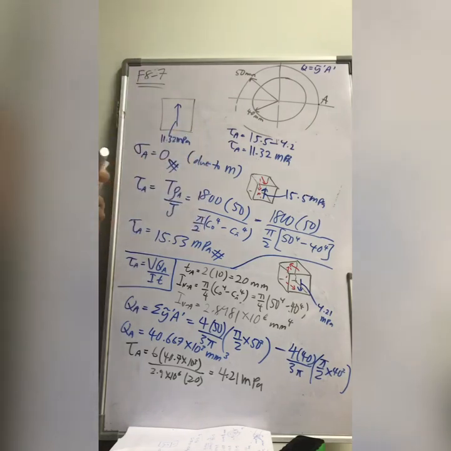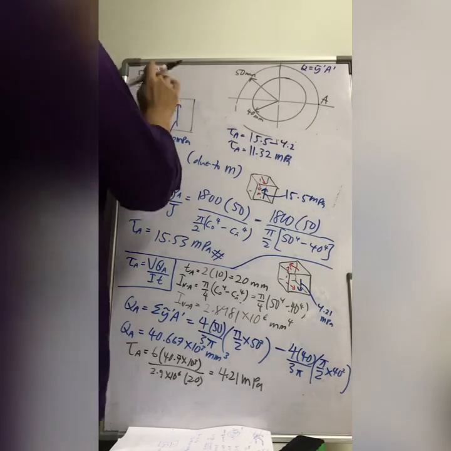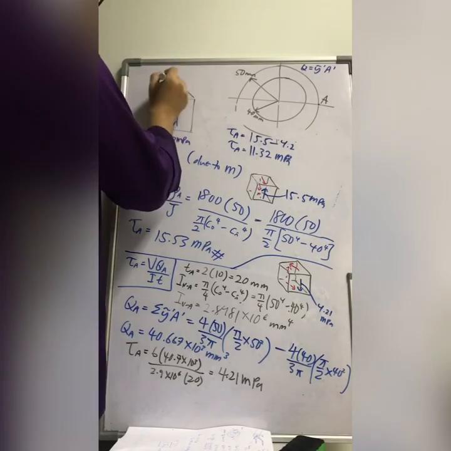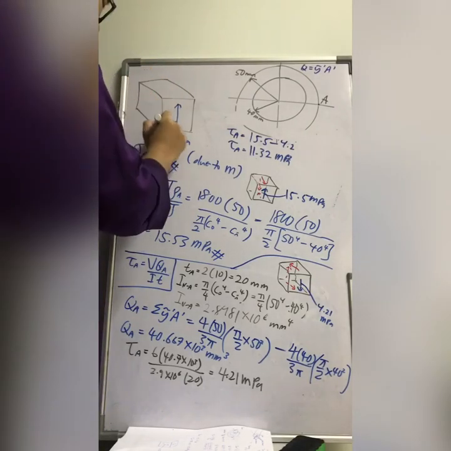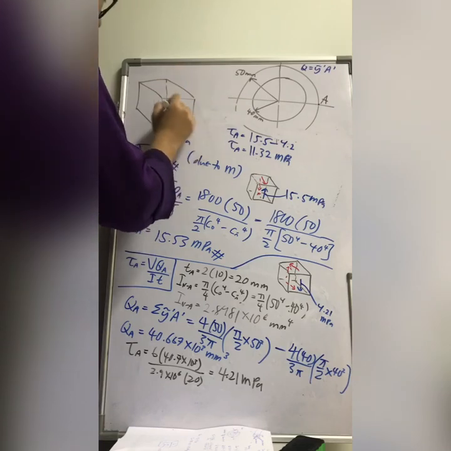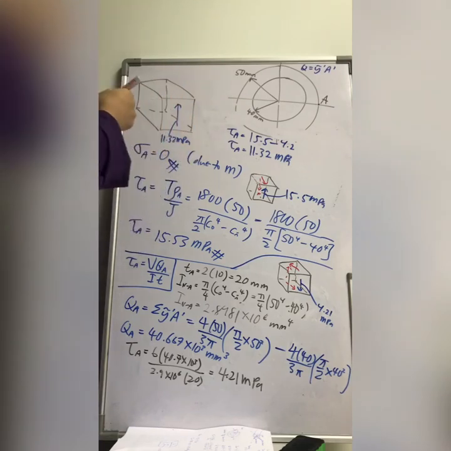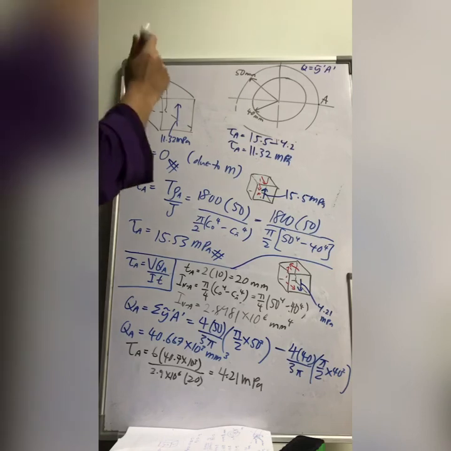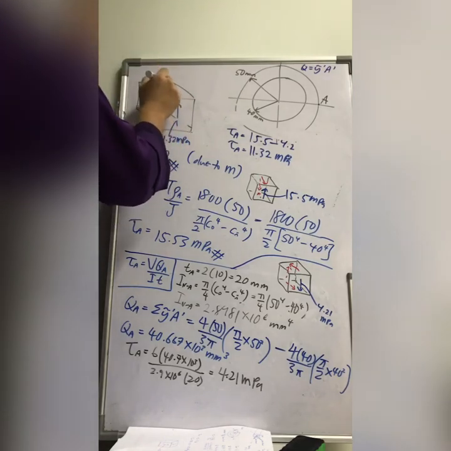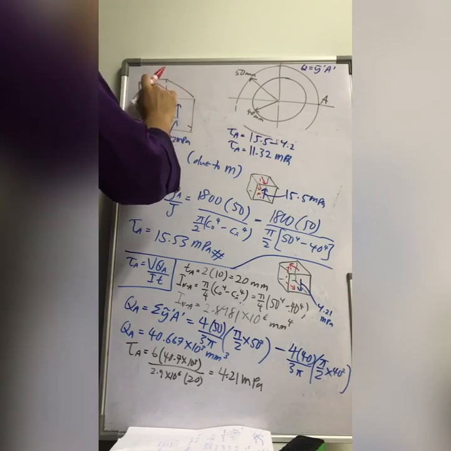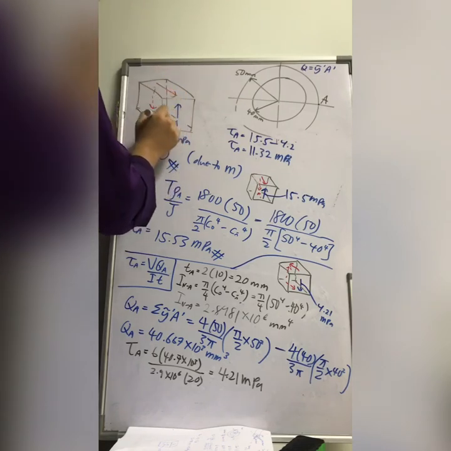Is it okay? So of course we draw the rest of the cube, and then you have this complementary shear going this way.